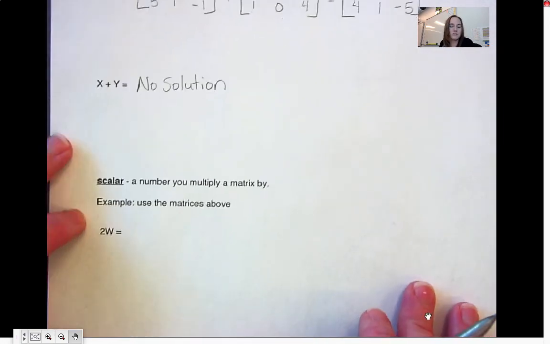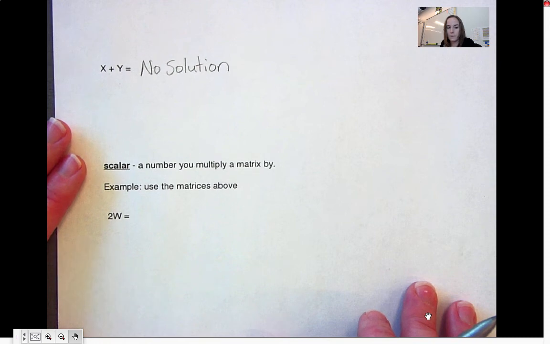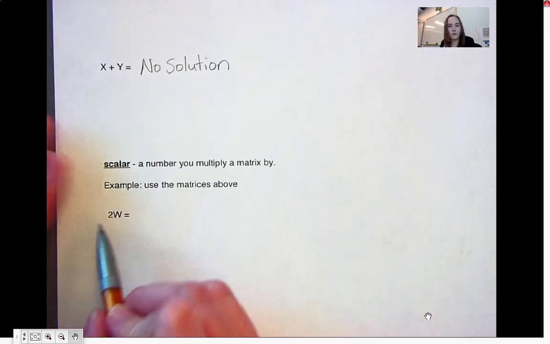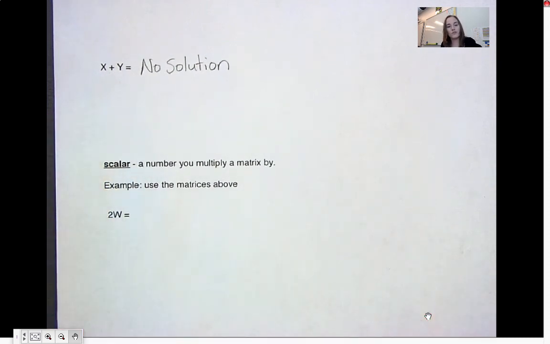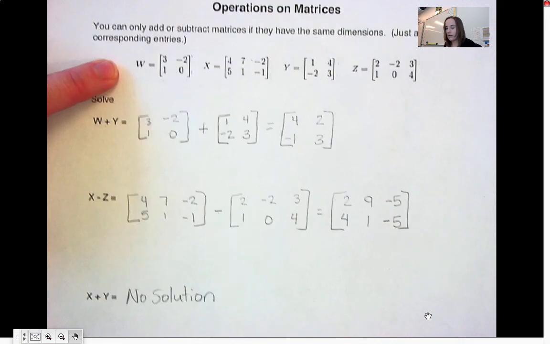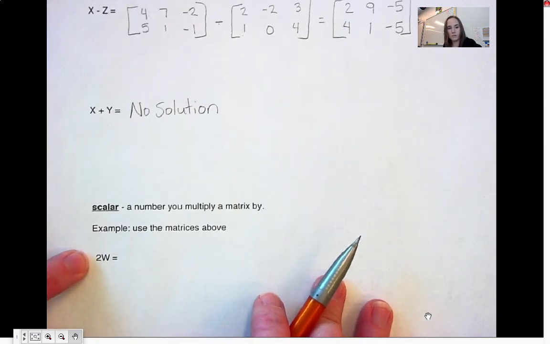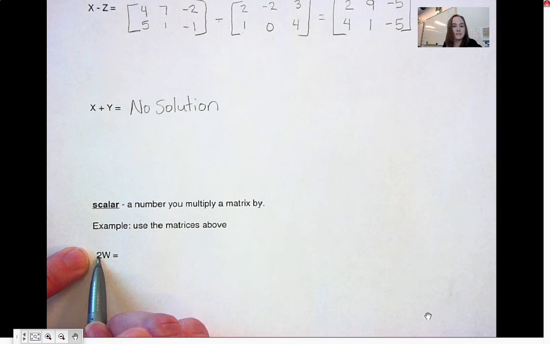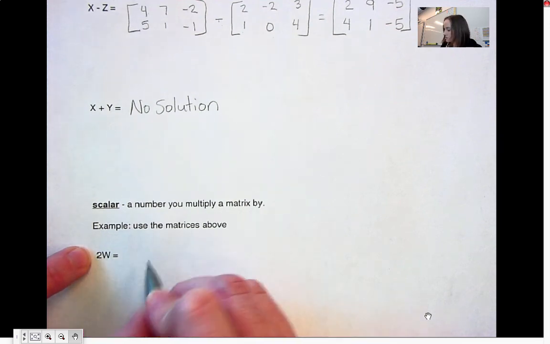Okay, let's talk about scalar multiplication. This is when you're not multiplying two matrices together, you're just multiplying a number times the matrix. So we're going to use the matrices from up here, and in this case I want to do 2 times W. 2 is the scalar. Okay, we're going to scale this up.